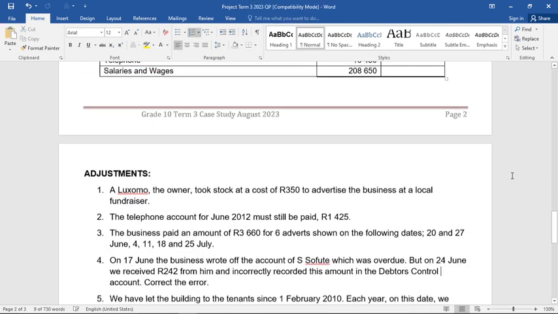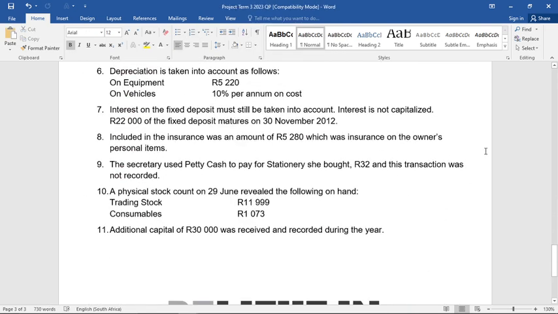Okay, we're making good progress here. A few more to go. Number 8: included in the insurance amount of 5,280 was the insurance on the owner's personal items. So 5,280 is insurance on the owner's things, but that now needs to be kept separate from the business because of the business entity concept.